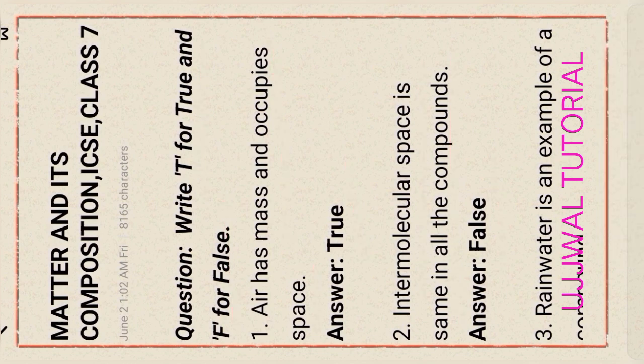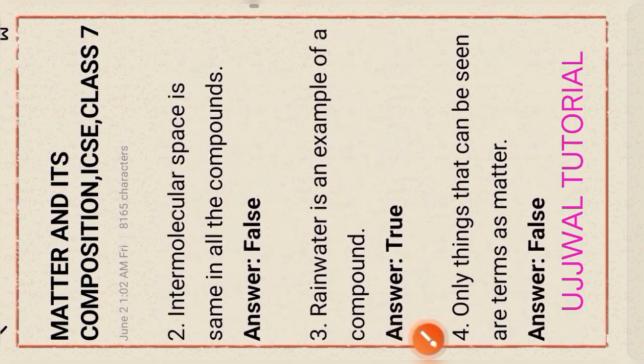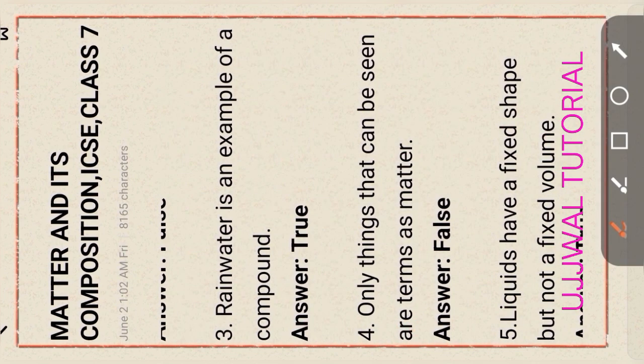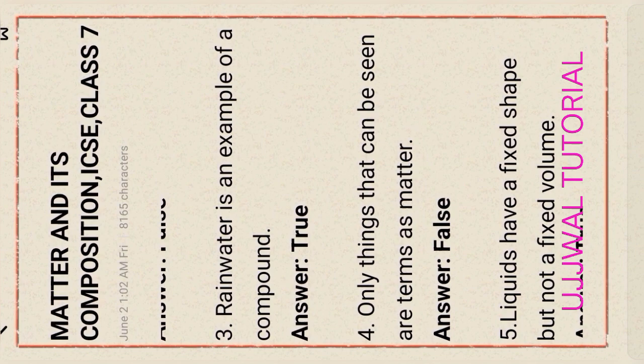Next question, question number 3. Rainwater is an example of a compound. This statement is true. Next question, question number 4. Only things that can be seen are termed as matter. This statement is false.